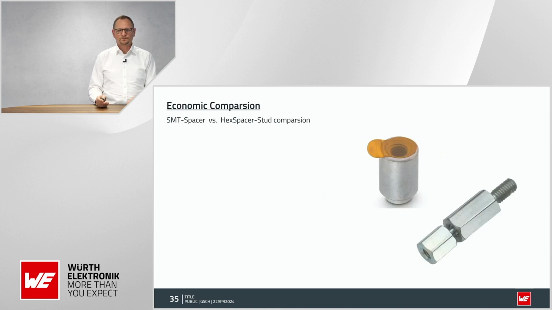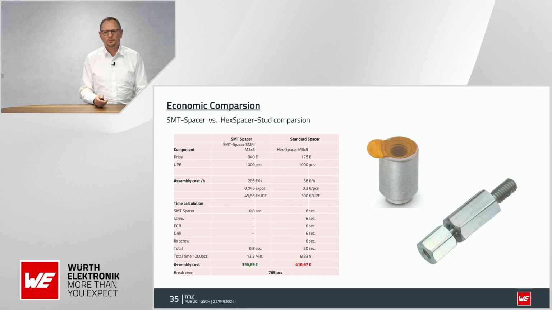So let's come to the resume, like the economic comparison we did together with an EMS partner. We checked what the cost is between machine or automated assembly compared to a standard spacer that needs to be installed manually.